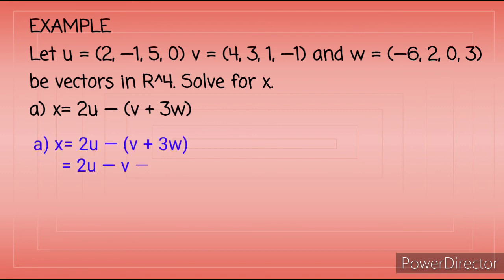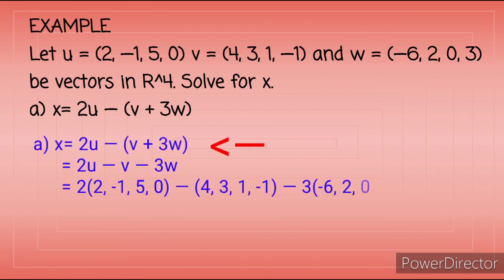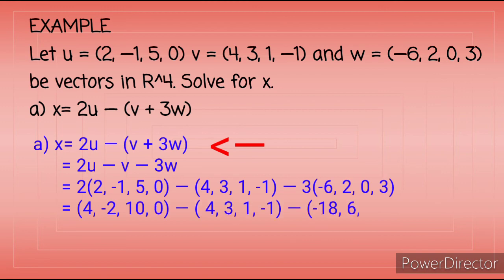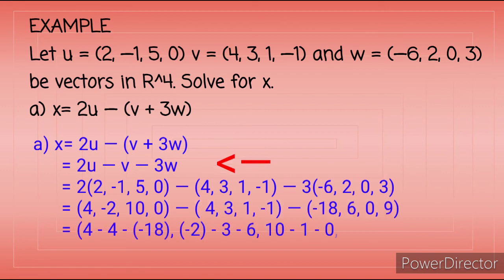Letter A, x is equal to 2u minus v plus 3w. To solve letter A, x is equal to 2u minus v plus 3w is equal to 2u minus v minus 3w using the distributive property.